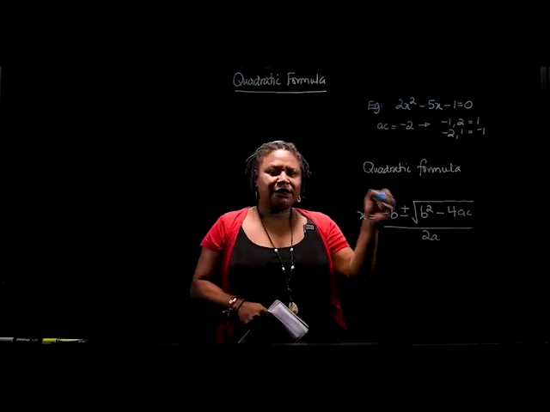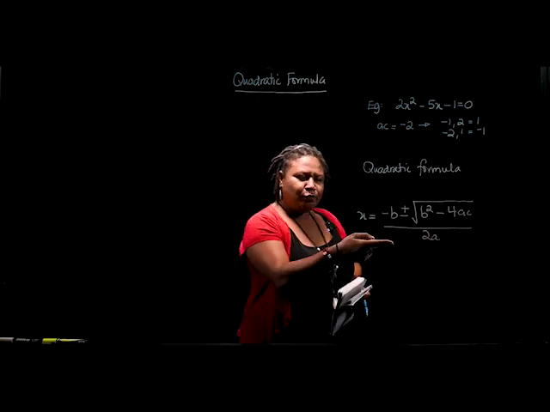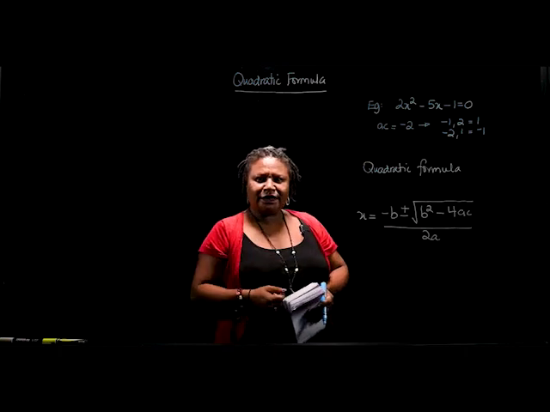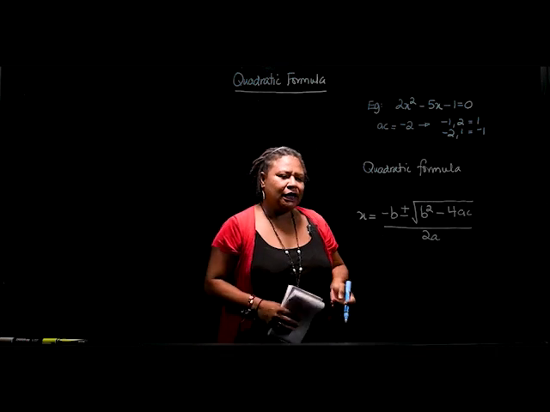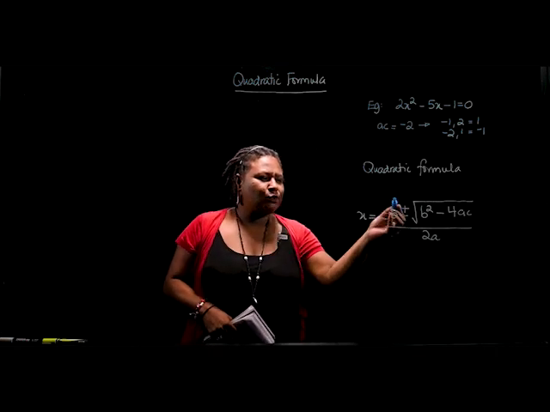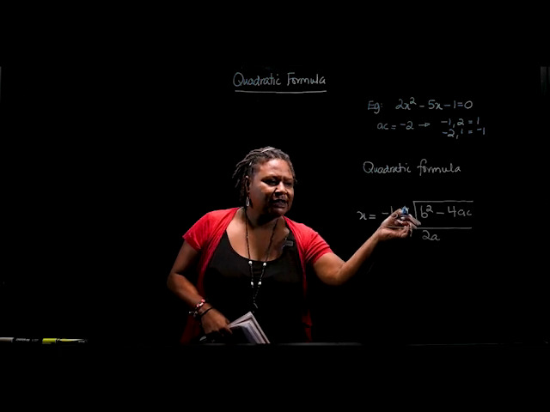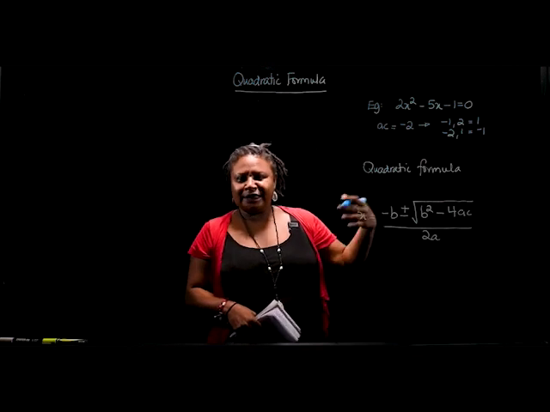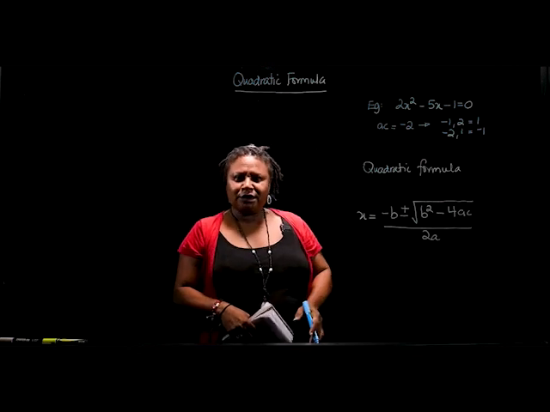We use this formula to solve the equation when factorization does not work. Again we have two solutions for x. That's why we have plus here and minus here.